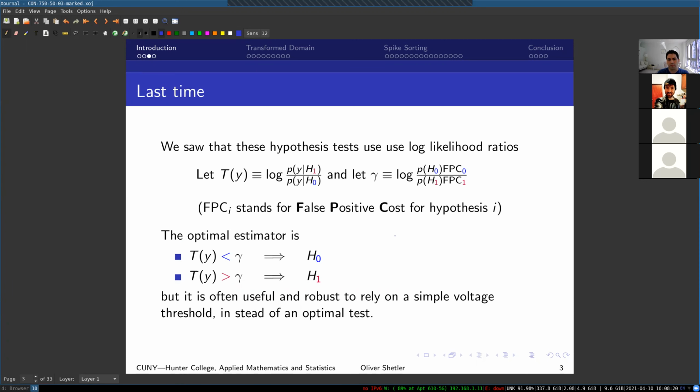We also saw that these hypothesis tests use log likelihood ratios. This is the Bayesian theoretical optimum. You have some test statistic, and it's going to be proportional to the probability of y given h1 over the probability of y given the null hypothesis. Basically this form will keep coming up, and in fact it does come up even when we discuss wavelets.